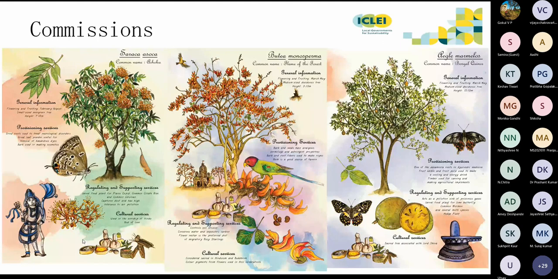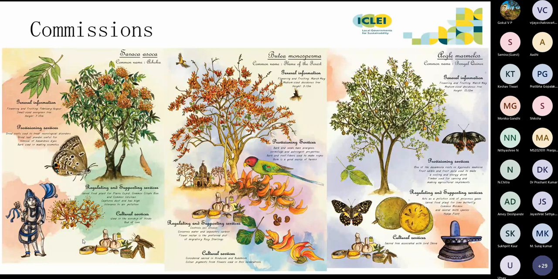They asked me to illustrate the 10 most common trees that are found in the Indian subcontinent, such as the Ashoka tree or the flame of the forest, and the Aegle marmelos, which is the bael fruit.